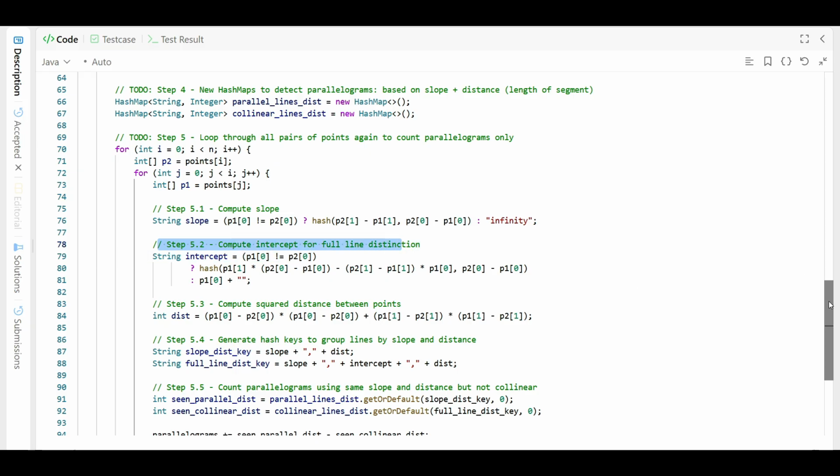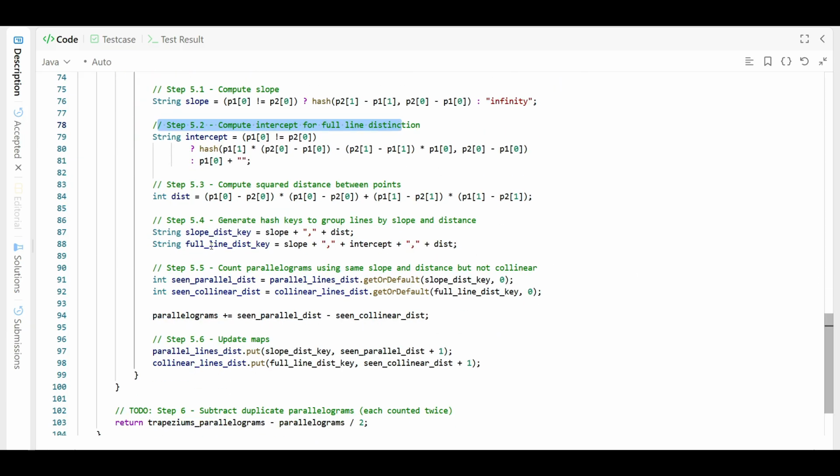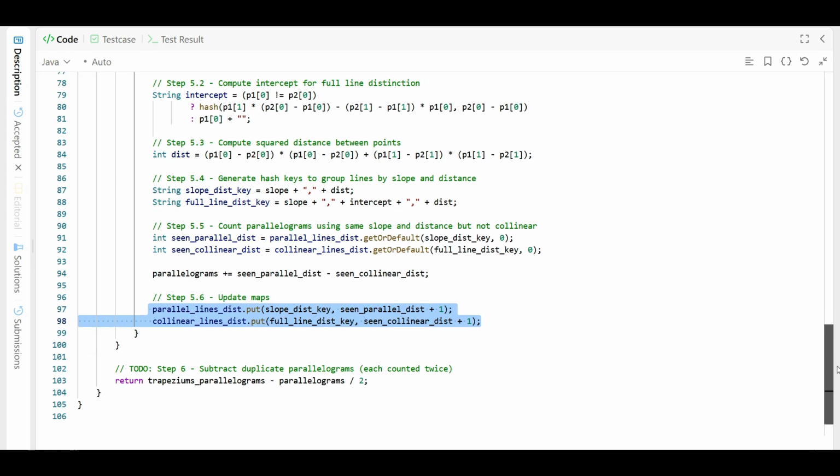Similarly you will check the distance between the points, we will compute it. Then similarly we will get the keys, and you will get both seen, the parallel seen and the collinear seen. Then you will increase your count each time by double the difference. And you will update the maps, increasing the frequency.